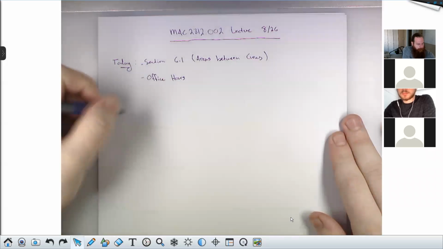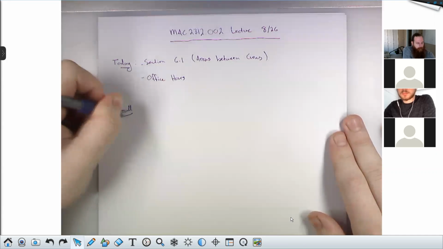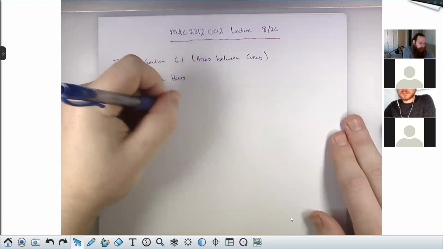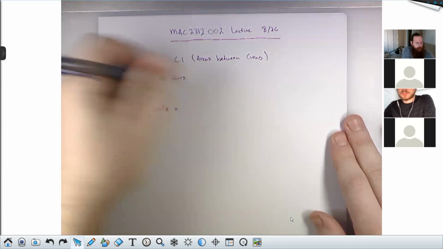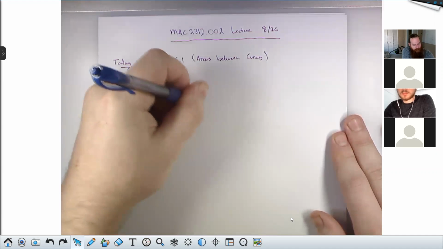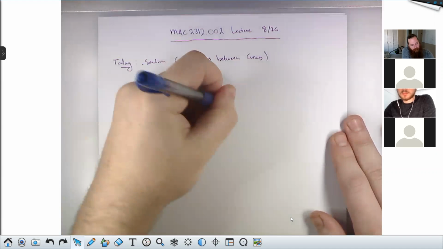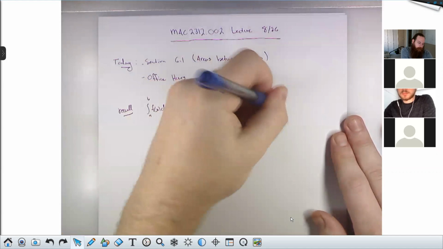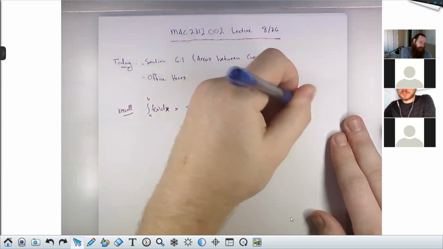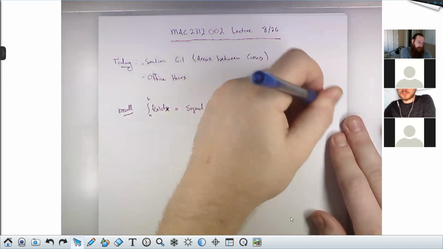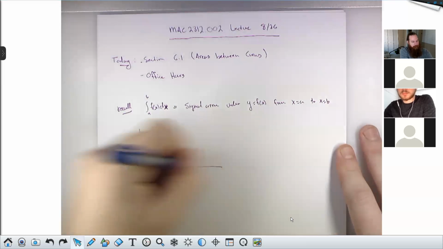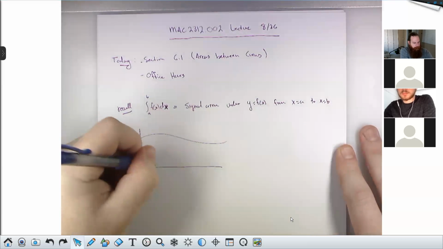So I'll remind you, the definite integral from a to b of f of x dx measures the signed area under the graph y equals f of x from x equals a to x equals b. All right, this old chestnut.